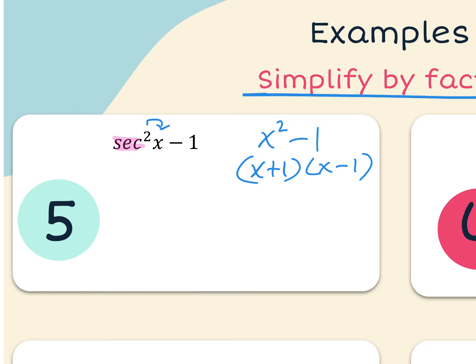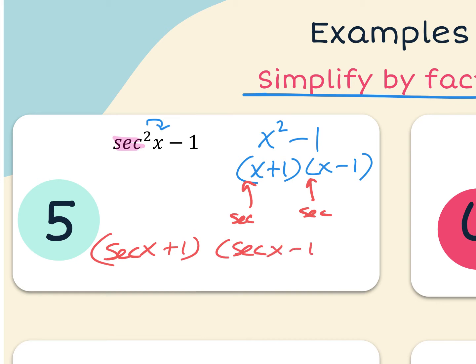Then all you have to do is put back in the word. Put back in secant in front of that x. So this will actually factor into secant of x plus 1 and secant of x minus 1.